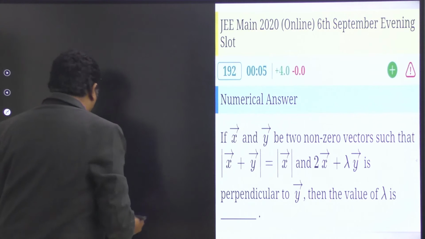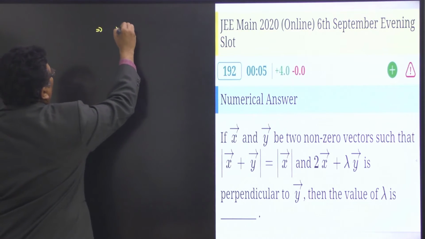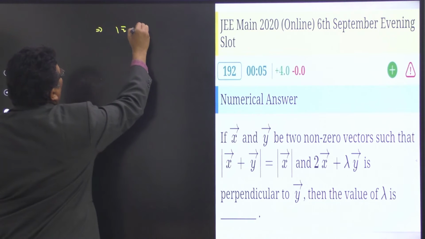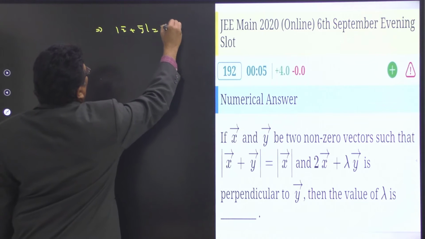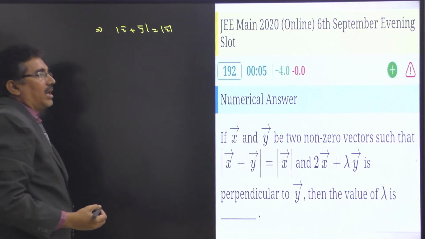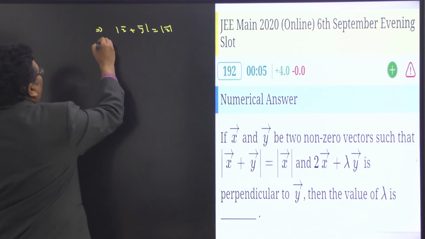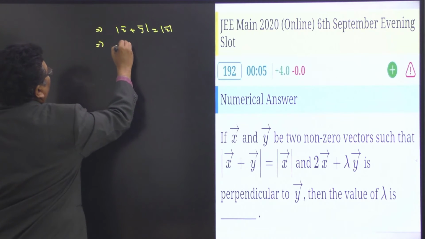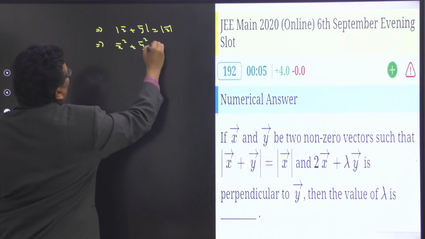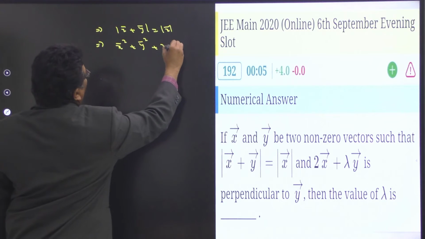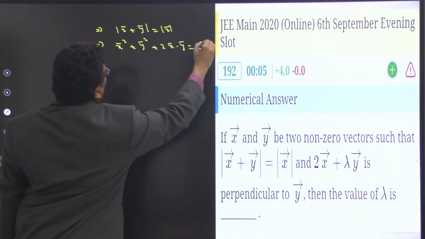Now, modulus of x bar plus y bar is equal to mod x bar. Squaring on both sides, that implies x bar square plus y bar square plus 2 times x bar dot y bar is equal to x bar square.